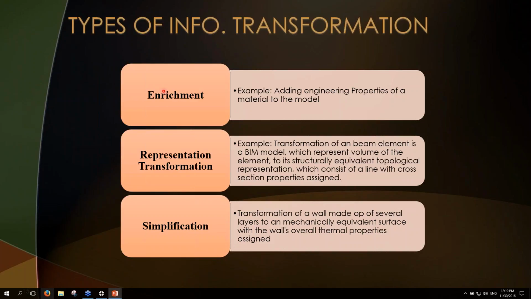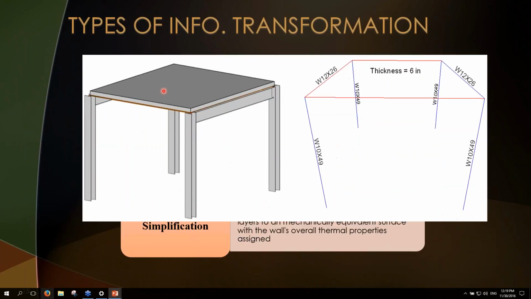The other one is representation transformation. Here's an example. In the architectural model, in the BIM model, we might represent our elements by their extruded view, so everything has a volume. While in the structural analysis, we represent elements in their topological view, so everything is a line connecting two points to each other.